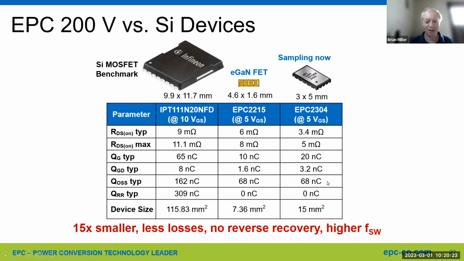The output capacitance is lower. And the reverse recovery is 0 in GaN FETs. That structure that causes that problem isn't there. So again, as the voltage goes up, the advantage of GaN FETs really starts to show in size and parasitics, and that translates into efficiency and helps with design flexibility.